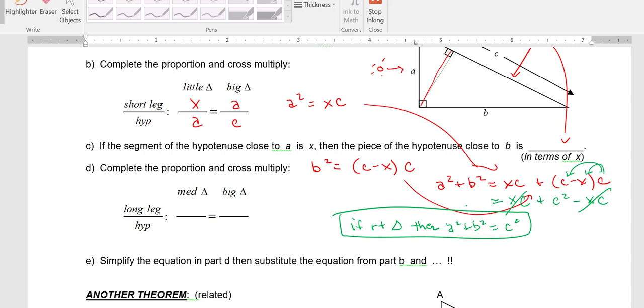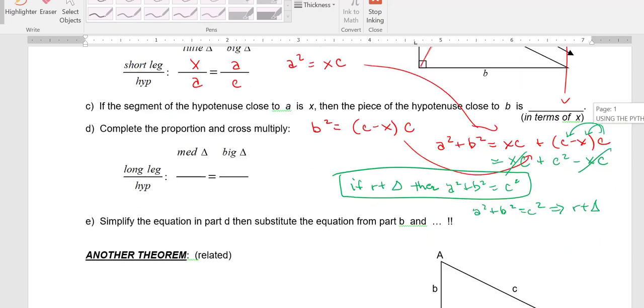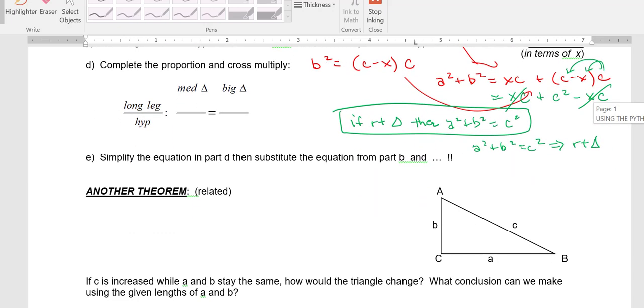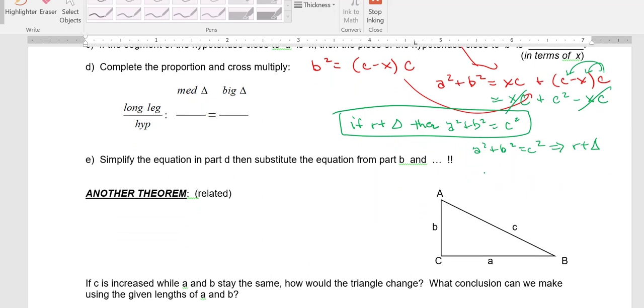It does work in reverse, so the converse is true. So if a squared plus b squared equals c squared, then you will have a right triangle. If you don't have a squared plus b squared equals c squared, then you don't have a right triangle.